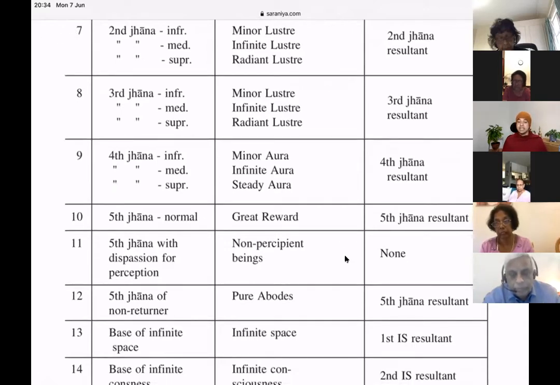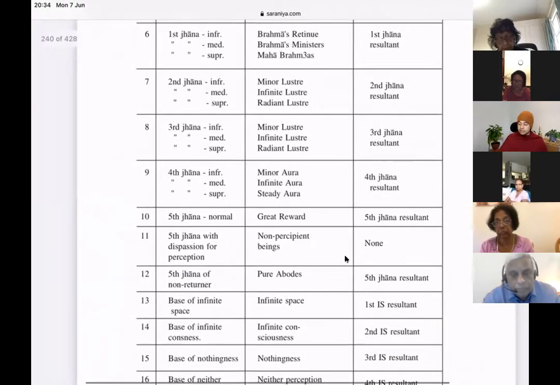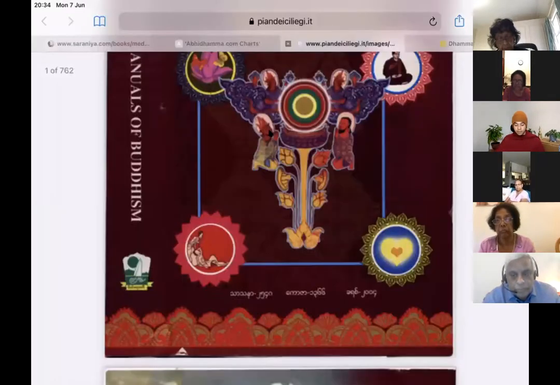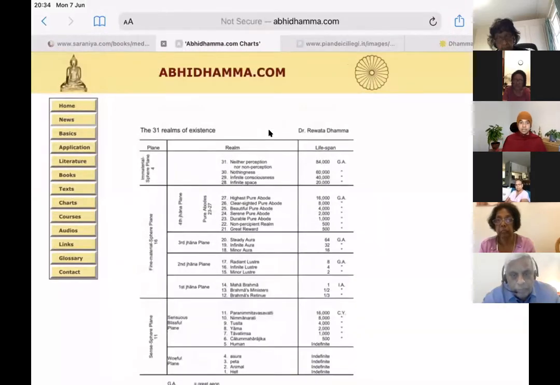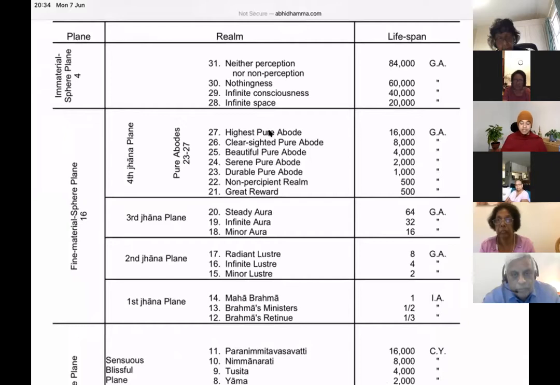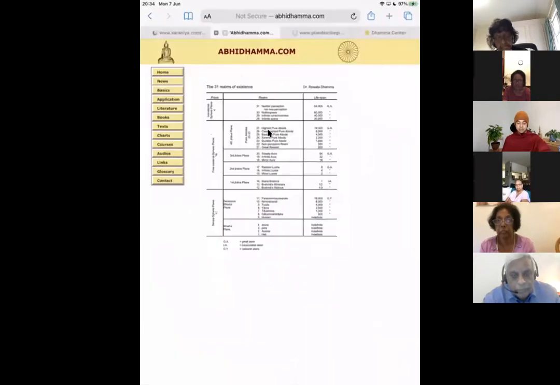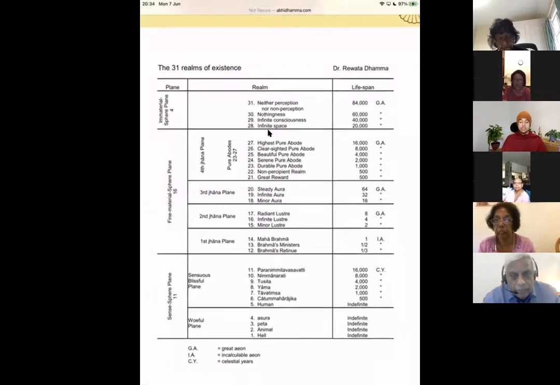Because pure abodes here, what would usually be, right? Now, this is the planes of existence. You can all see this, yeah? This is the usual chart. You see it's 16 here. What they have done in the chart in the Abhidhamma book that we have is that they have bunged these two together, the highest pure abode and the clear-sighted pure abode.